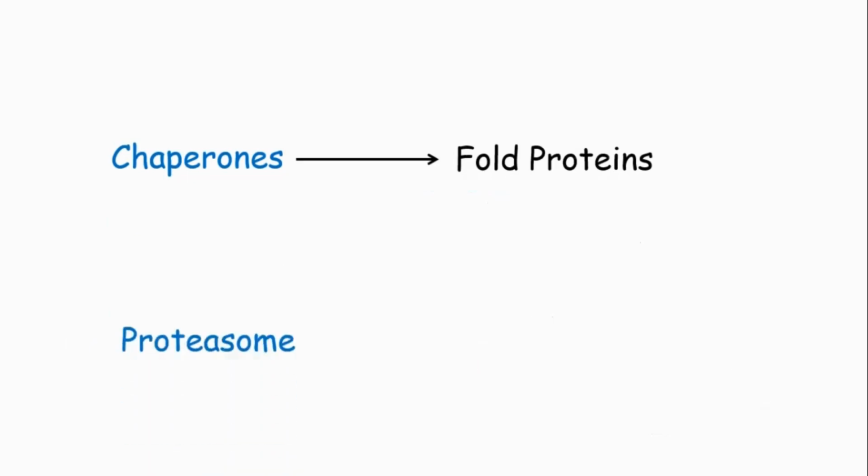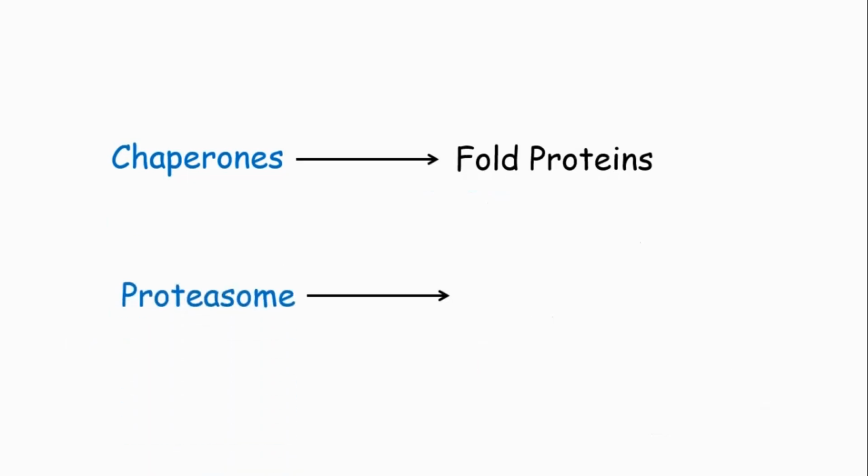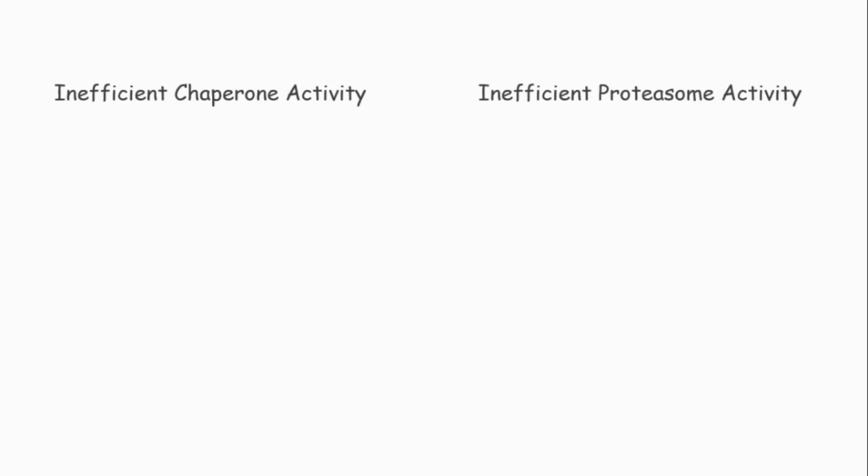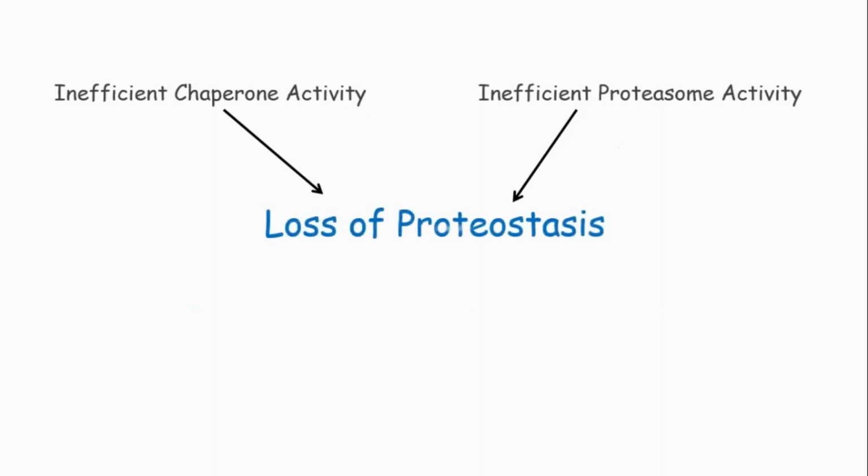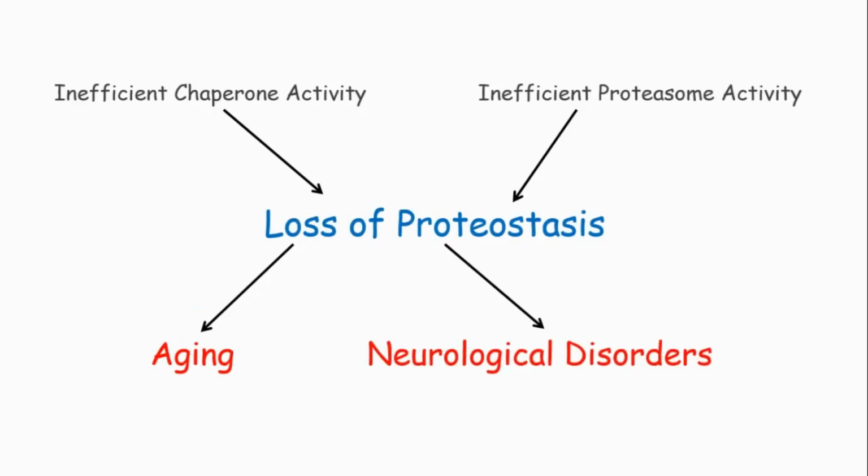For timely degradation, we have the proteasome, which serves to degrade proteins with its hydrolytic enzymes. With time, the chaperone activity and proteasomal activity have both been found to decrease significantly, which leads to loss of proteostasis, and that ultimately leads to aging and lethal disorders like neurological disorders such as Alzheimer's, Parkinson's, etc.